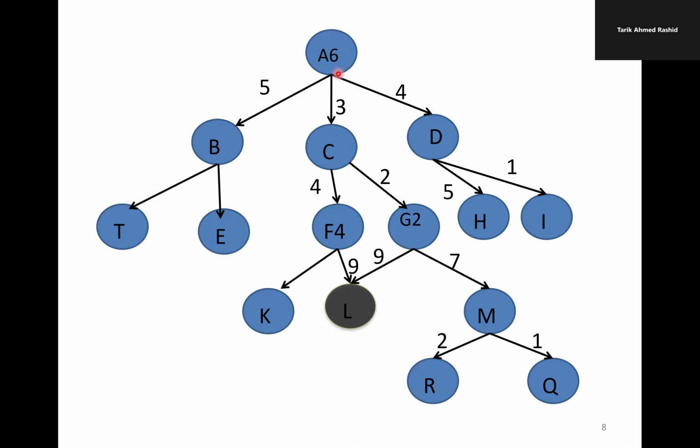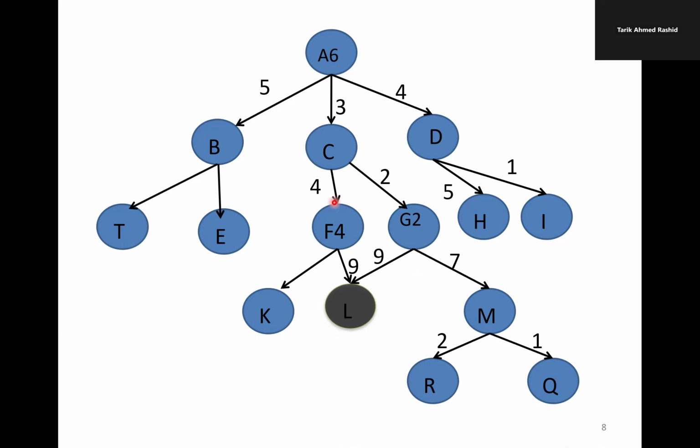Here we have a tree. A6 is the root, where 6 is the distance. It has 3 kids, B, C, D, each with a distance: 5, 3, 4.